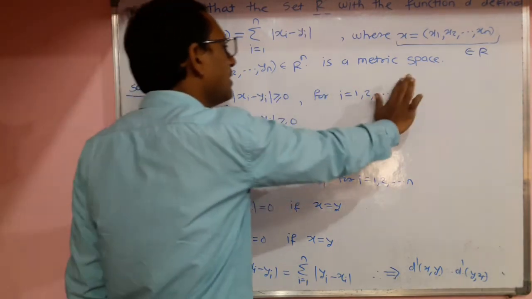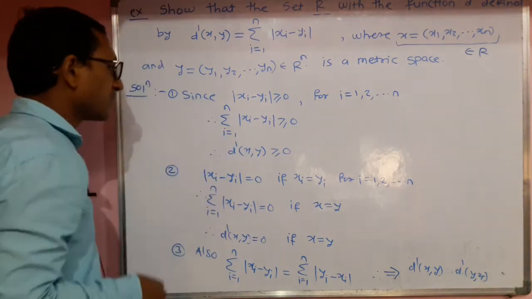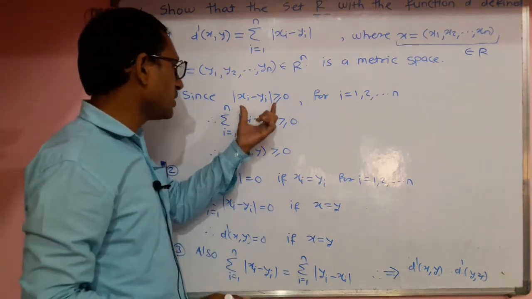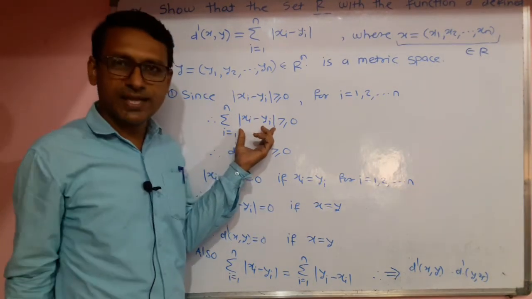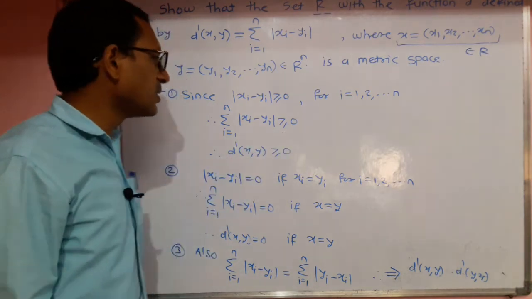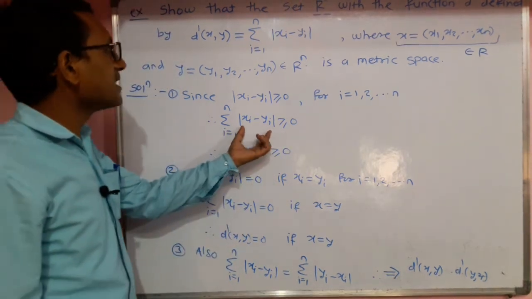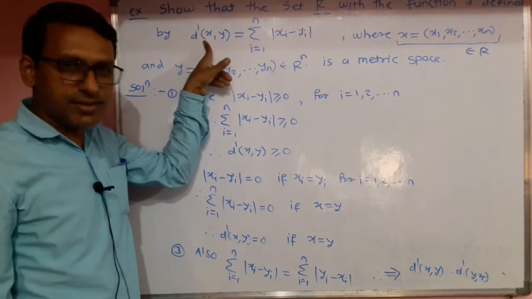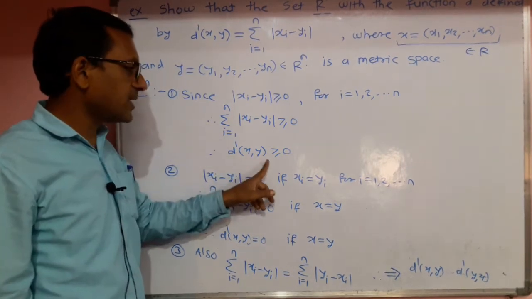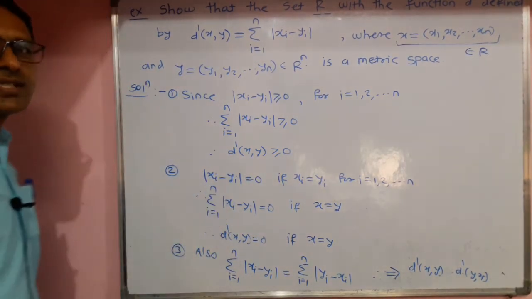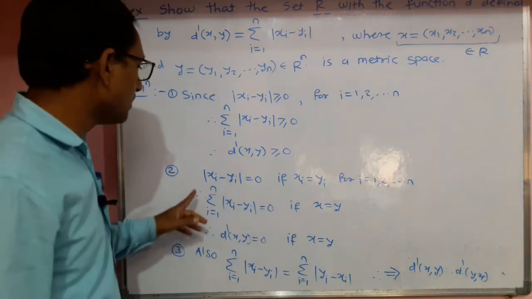This is true for every i. If we take the summation on both sides, it is also greater than or equal to 0, and the left hand side is our given function d dash of (x, y). So the first condition, non-negativity, is proved.